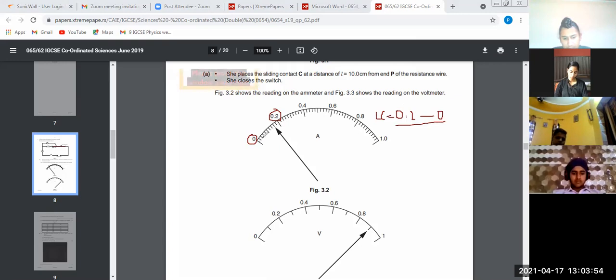How many are there? 1, 2, 3, 4, 5, 6, 7, 8, 9 and 10. So you have 0.2 over 10. That is what? That is 0.02.